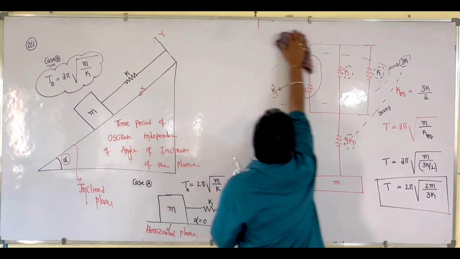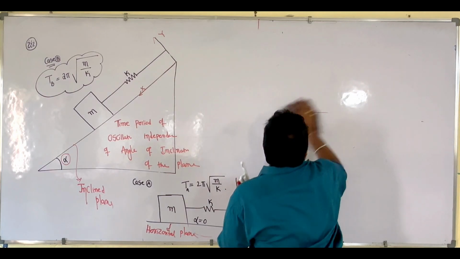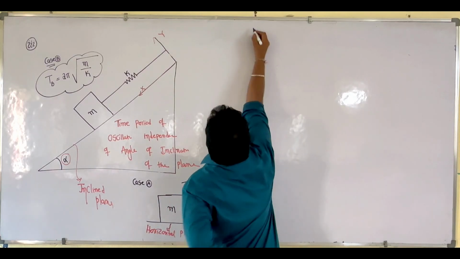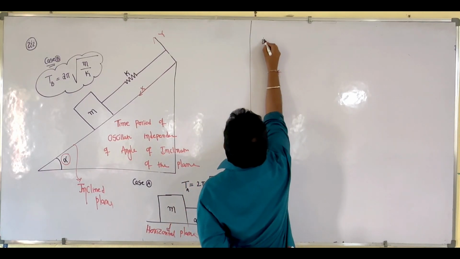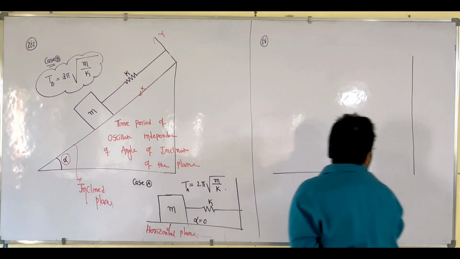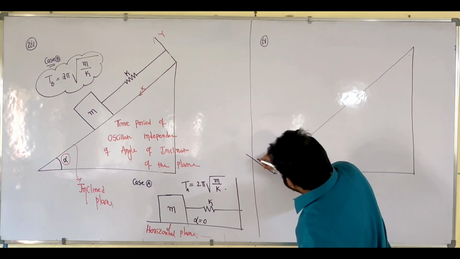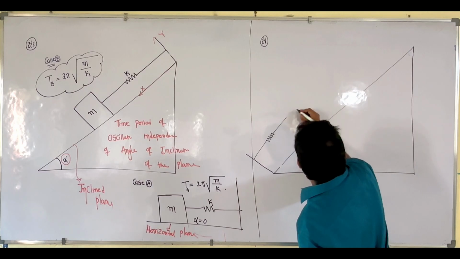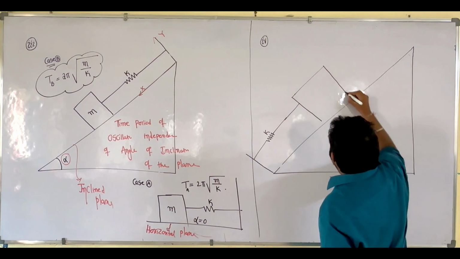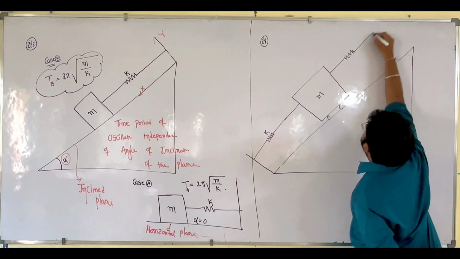Now coming to one of the previous year competitive exam questions. This was already given in the exam. See this, from here to here, this part is K. This would be mass M. This is the spring.